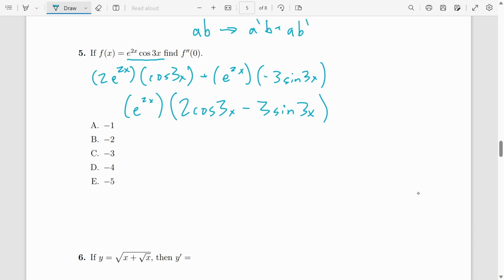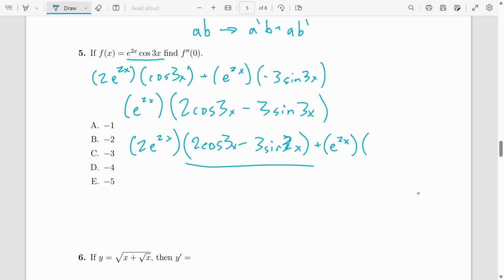So again, a prime b plus ab prime. A prime, e to the 2x, we already did that. That's 2e to the 2x times the b unchanged, 2 cosine of 3x minus 3 sine of 3x. And then plus a unchanged, e to the 2x times the derivative of this.